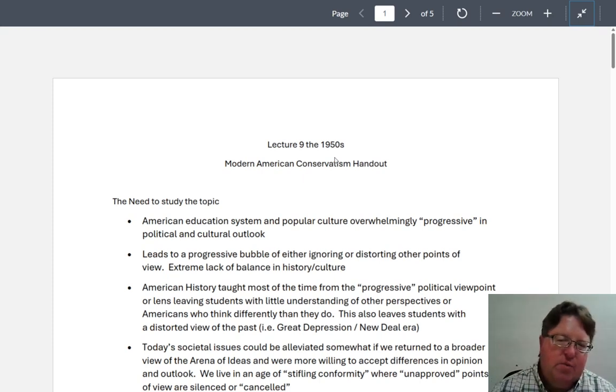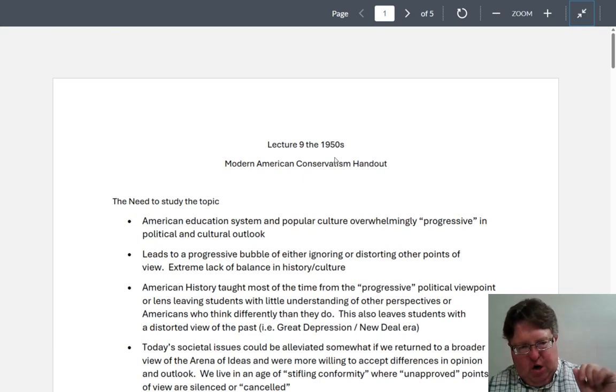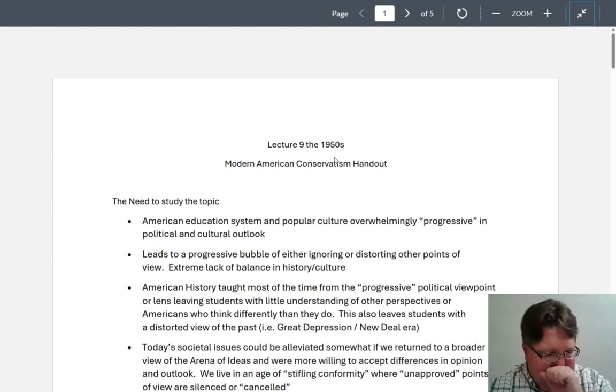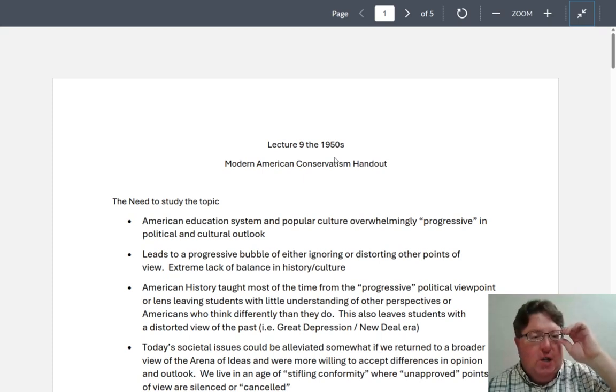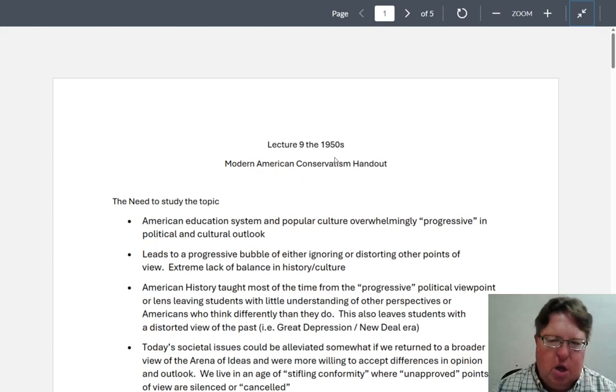Now that we're in the 1950s, we're talking about modern American conservatism. Conservative is the word we use politically, right? Liberal, conservative, progressive, Marxist. We use all kinds of words to say things. We went over progressivism, and now we're going to go over modern American conservatism.